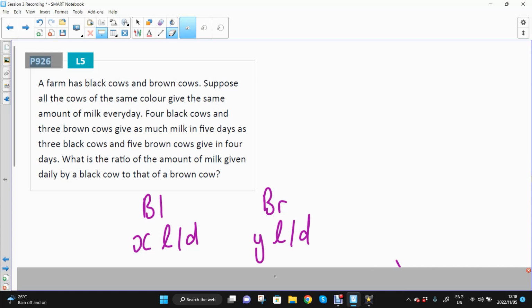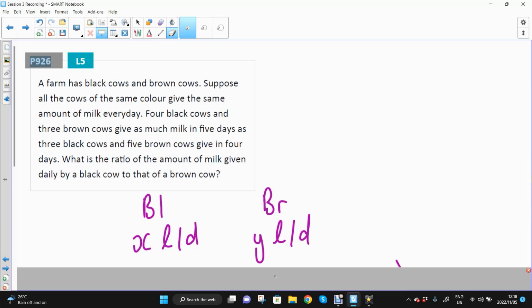So you can see what I started off with is just to represent the liters per day that a black cow and a brown cow will give us, because we don't know what those amounts are. So I just made that X and Y. Now looking at the first scenario there, they said that 4 black cows and three brown cows give as much milk in 5 days as another scenario.